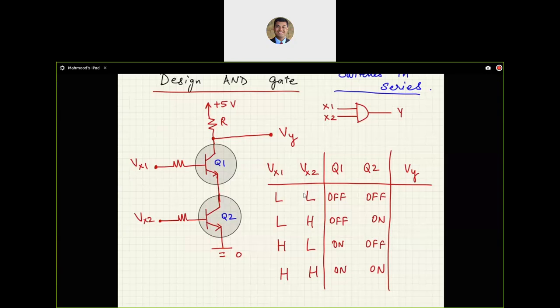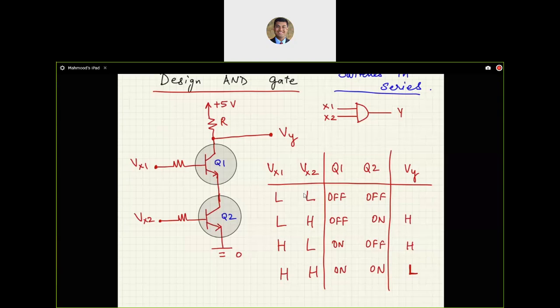So the only time the output is going to be low is when Q1 and Q2 both are on. It is going to read 0 only when Q1 and Q2 both are on. Otherwise, if any one of them is open or off, it is going to read high, high, high.